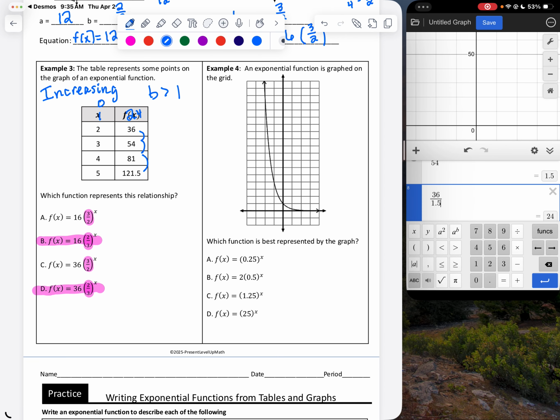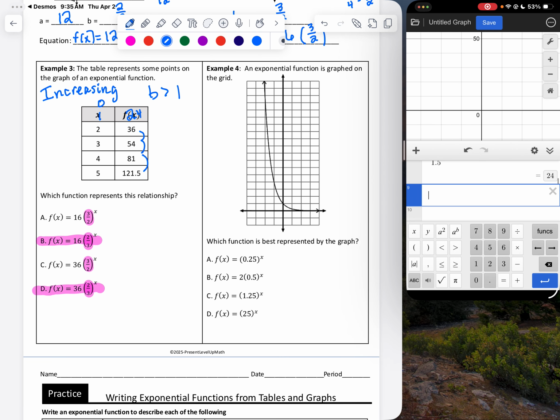Go back one more time. 24 divided by 1.5 would be 16. So we now know our initial value is 16. Therefore, we have to go with answer A.